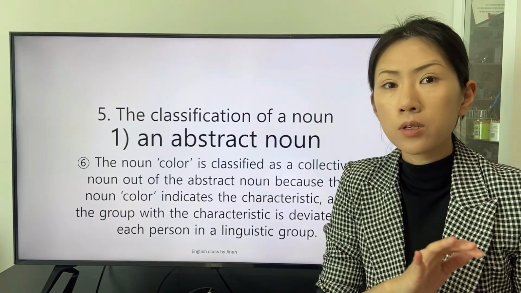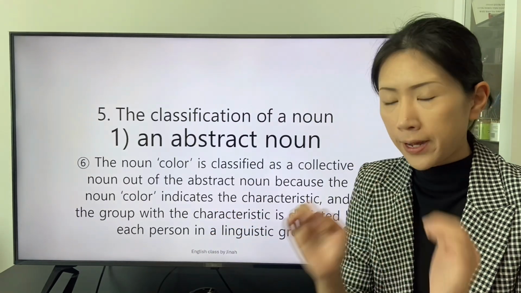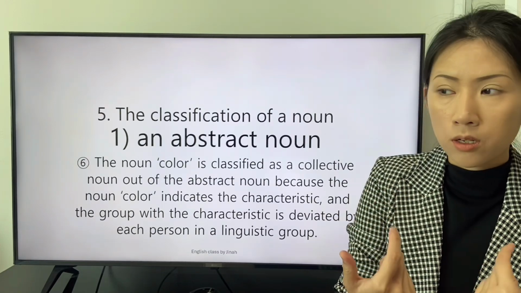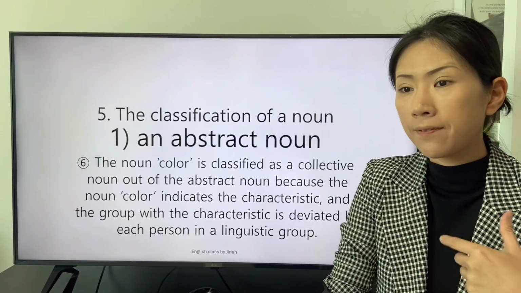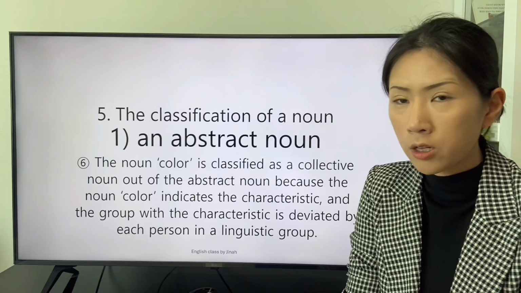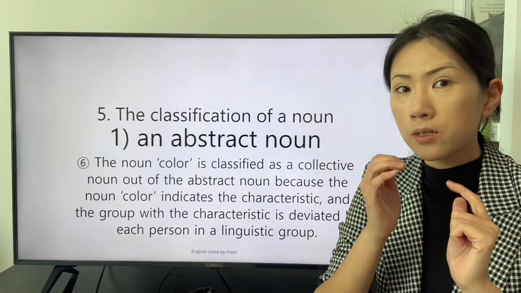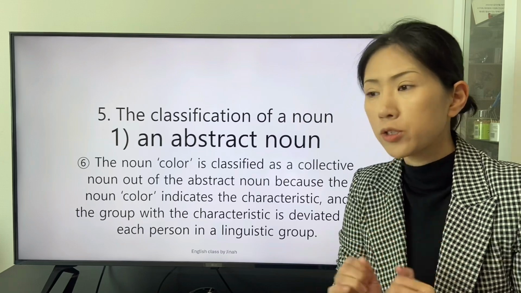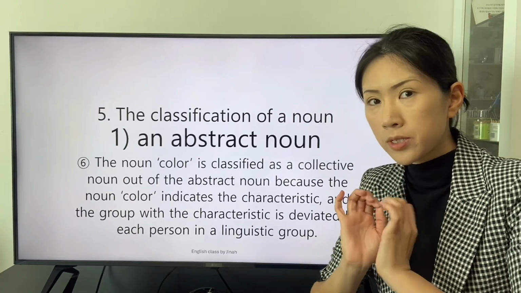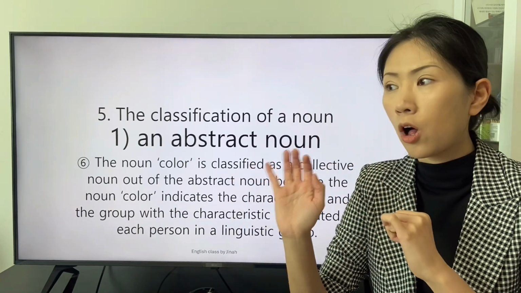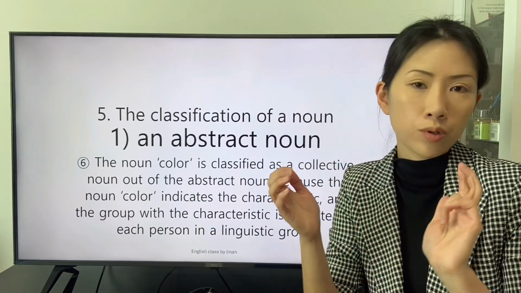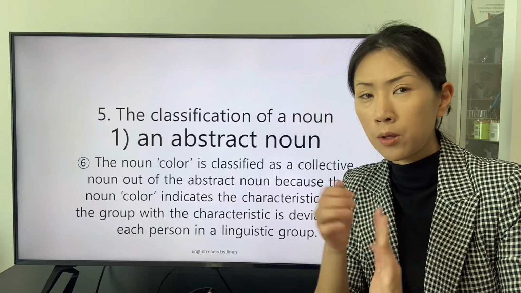The noun color is defined with different colors. A person can define what the color is with red, blue. Compared to the first one, the second person can define the noun color with red, blue, green, yellow, and orange.